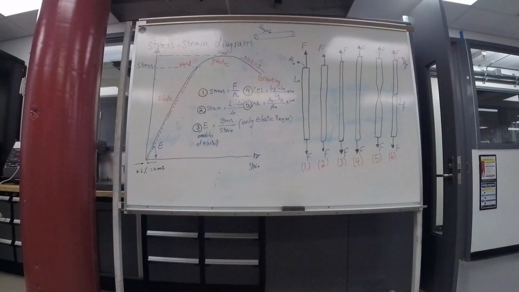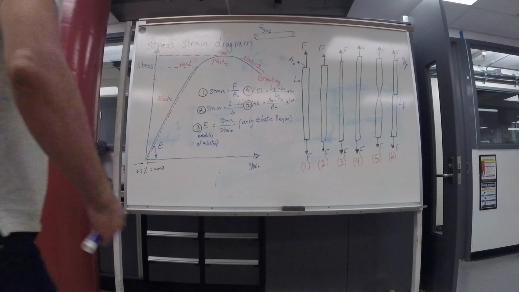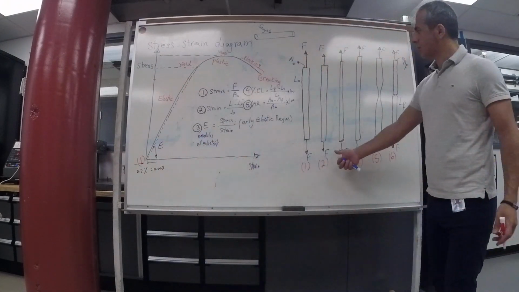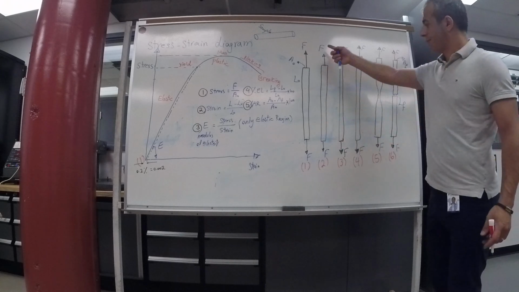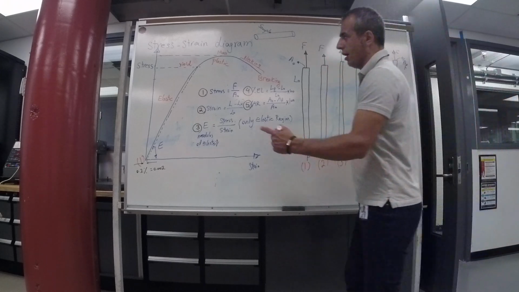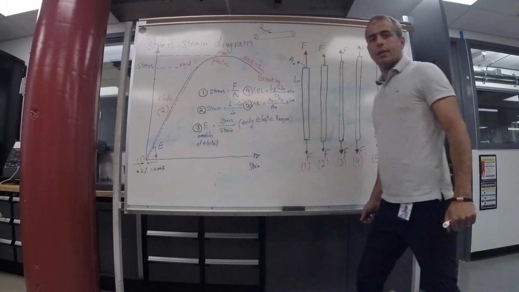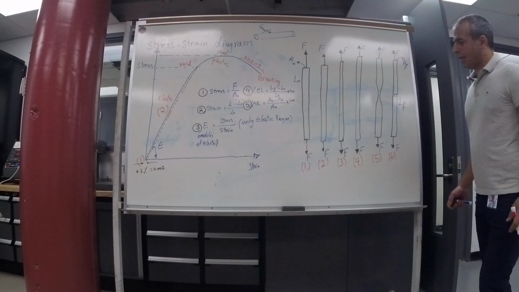So we are here at 1. Where is number 1 for us? Number 1 is right here. Then we start to apply the force. The force applies on number 2, the elastic region. What does elastic region mean?